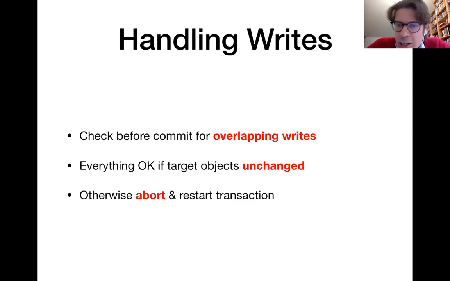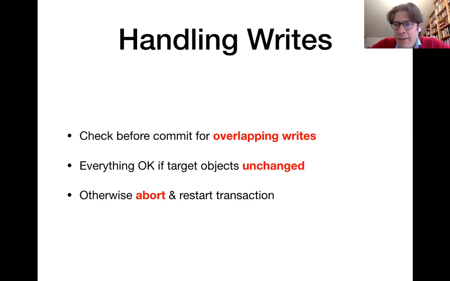If so, we could create a conflict, so we cannot allow this to happen. So in this case, essentially, after a transaction has executed, we are checking in order to make sure that no other transaction was already writing to objects that the current transaction is trying to write to. If that is the case, then the current transaction can go ahead and commit. But if there have been overlapping writes to the same object by a concurrent transaction, then essentially the first writer wins and the other transaction has to be aborted in order to avoid conflict.